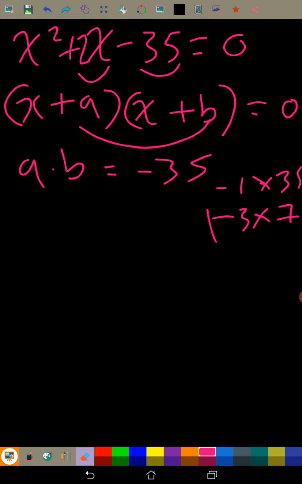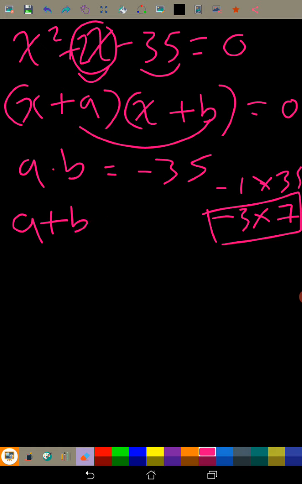So this one looks better, because if I have the difference of it, I will get 2, which is here. Okay, so for that reason, if I make a plus b, I'm going to have 2. So if I have 7 and I minus 5, so I will get 2. So I'm going to use this.